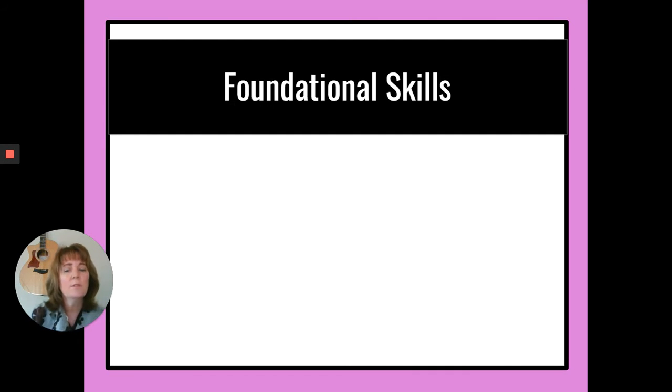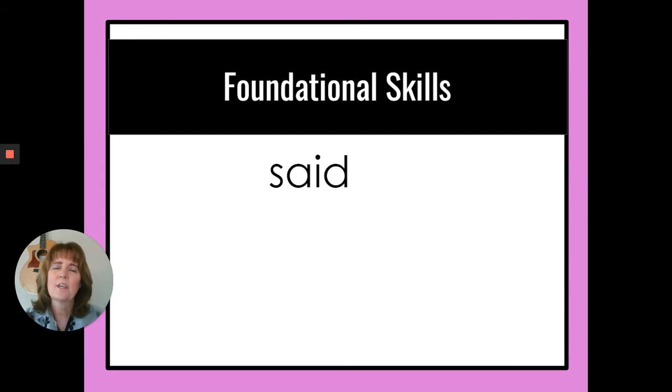Now let's spell some words. This is the word said. What sound do you hear at the beginning of the word said? Did you say S? Good job. This is the word old. Let's tap that out.